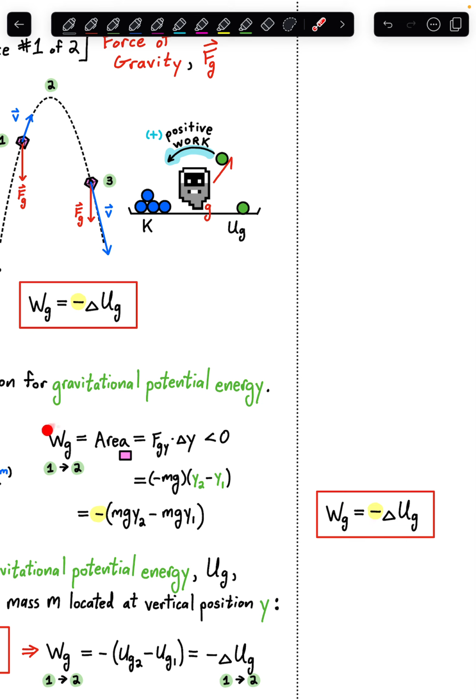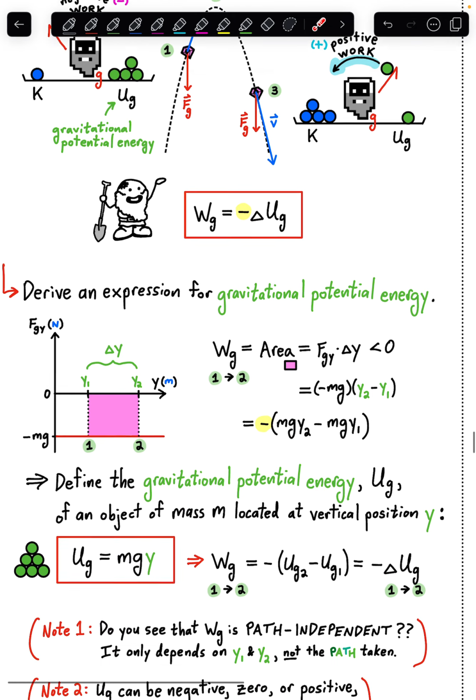And what we've got here is the work done by gravity equals the opposite of a final value of mgy minus the initial value of mgy, suggesting that mgy is the expression for gravitational potential energy that we've just been looking for.